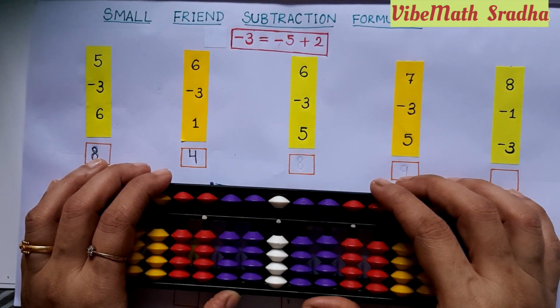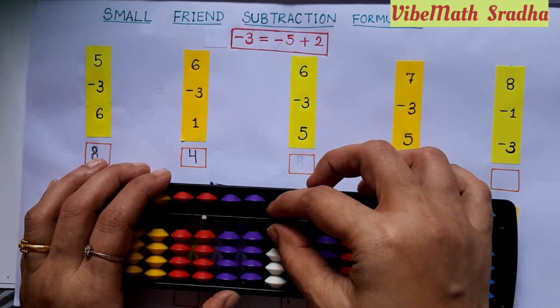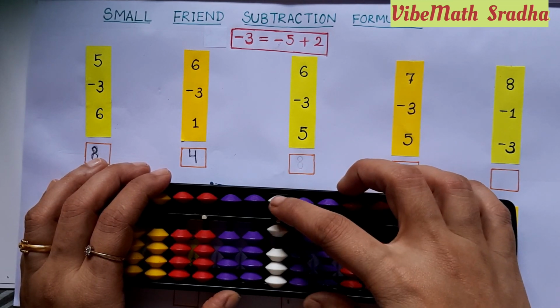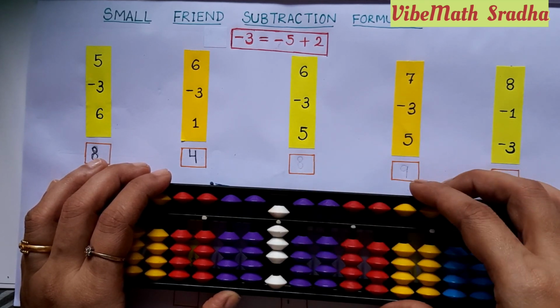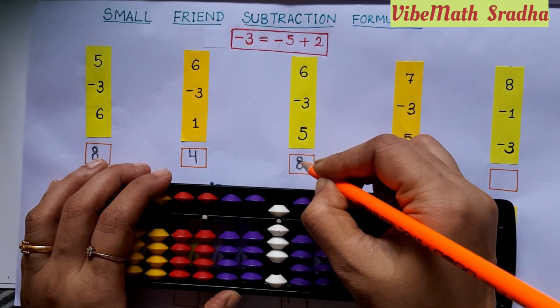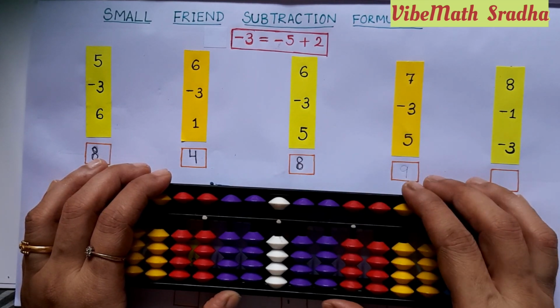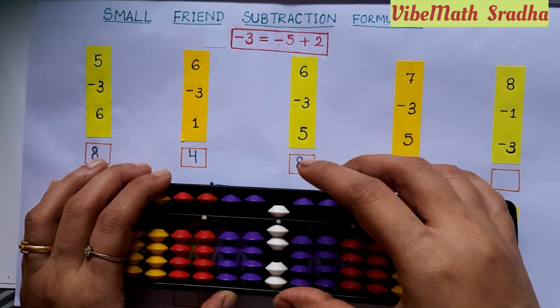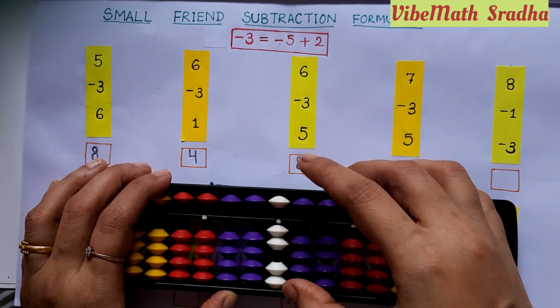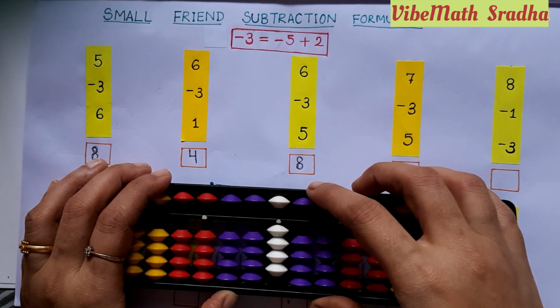Coming to the third question, that is 6 minus 3 plus 5. 6 minus 3 is minus 5 plus 2, then add 5. Our answer is 8. Let us solve the fourth question, that is 7 minus 3 plus 5. 7 minus 3 is minus 5 plus 2 plus 5.